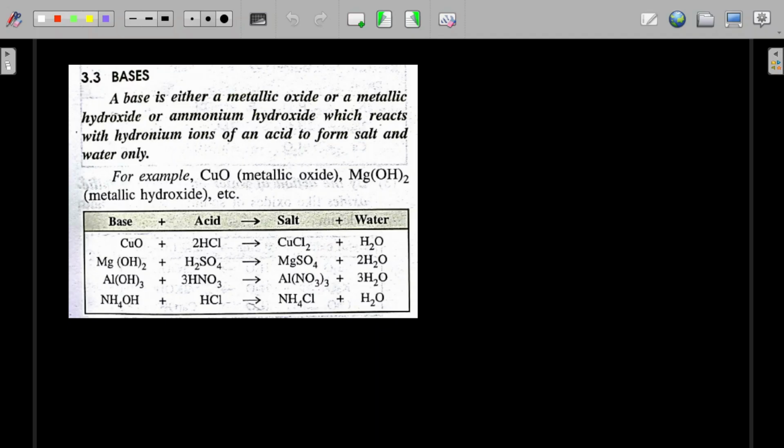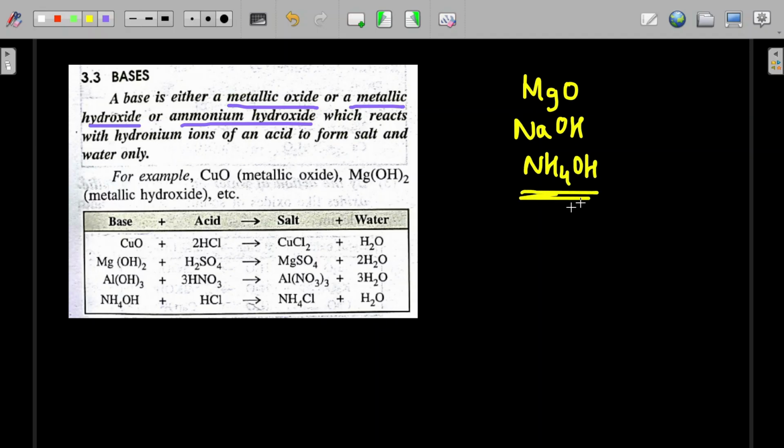But first of all, we have to understand the meaning of bases. See, a base is either a metallic oxide, a metallic hydroxide, or ammonium hydroxide. Not a non-metal, it should be metallic. For example, metallic oxide is MgO, metallic hydroxide NaOH, or only one non-metallic hydroxide, that is NH4OH.